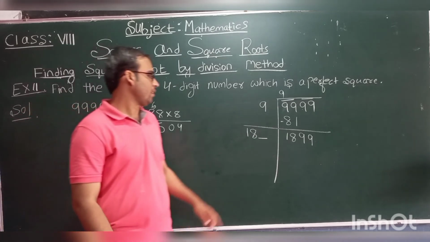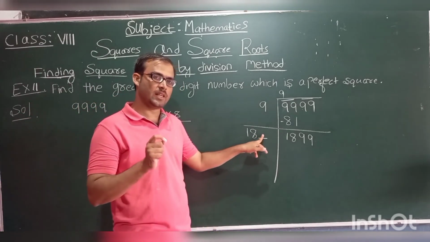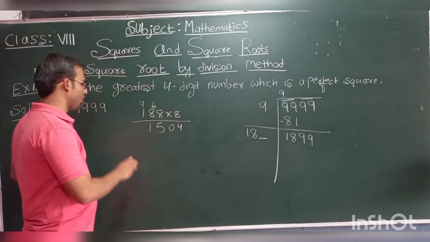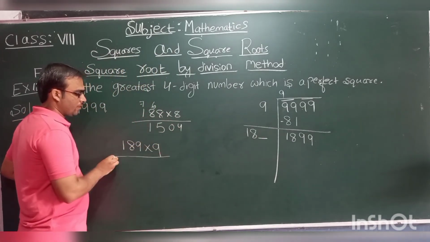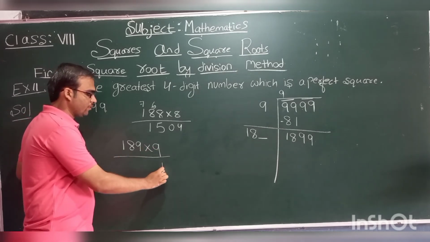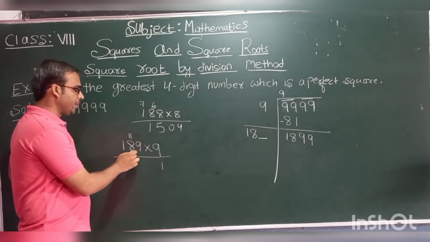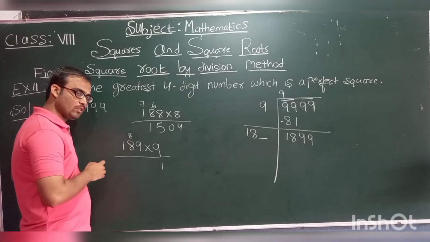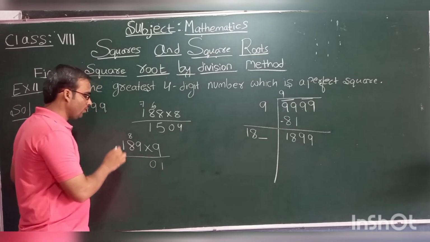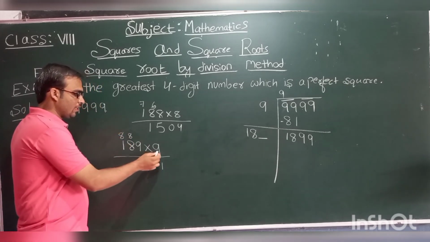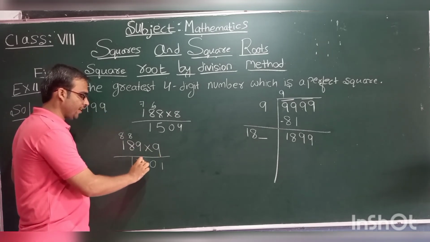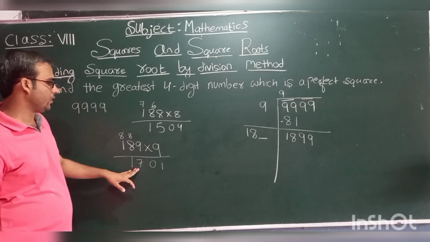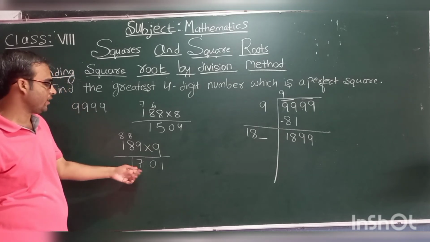Now let us check by filling this blank with the digit 9. So here 189 into 9. Now 9 9s are 81, 1, 8 carry. 9 8s are 72, 72 plus 8 is what? 80, so 0, 8 carry. 9 ones are 9, 9 plus 8 is 17. So we can take this number.